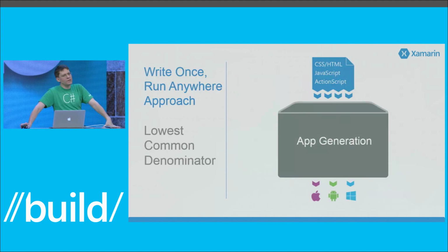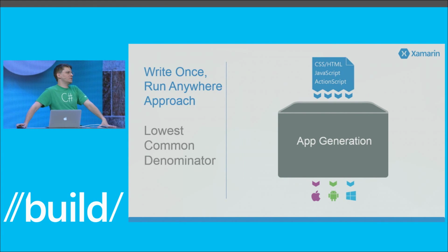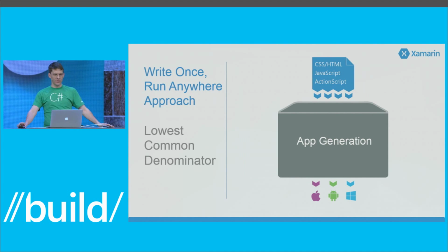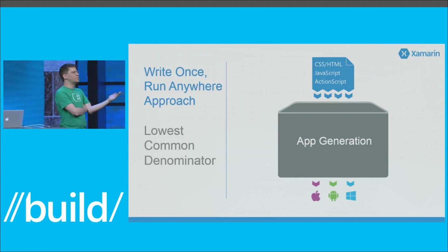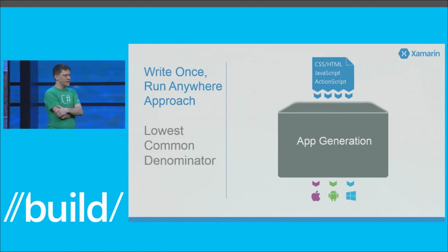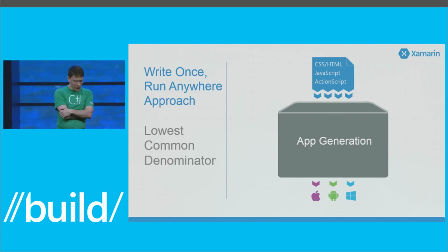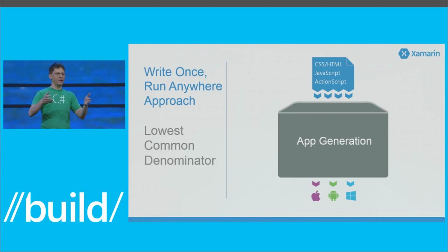The second approach is what most people call cross-platform. This is a term that annoys me a little bit, because when people say cross-platform, they're thinking of some sort of write once, run anywhere technology. This is typically an approach where you use some kind of abstraction layer or some API. You use a single language, a single set of APIs, and then a magic box.